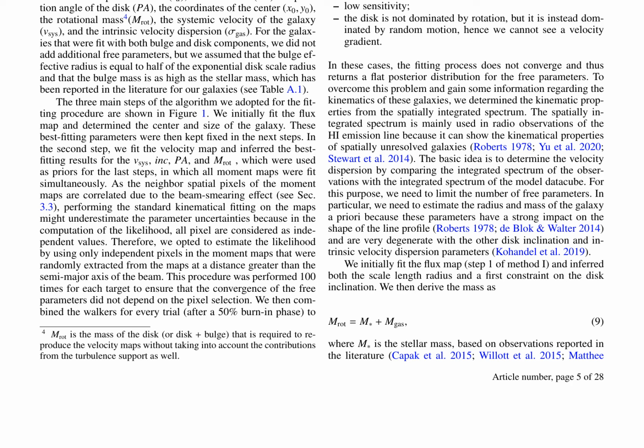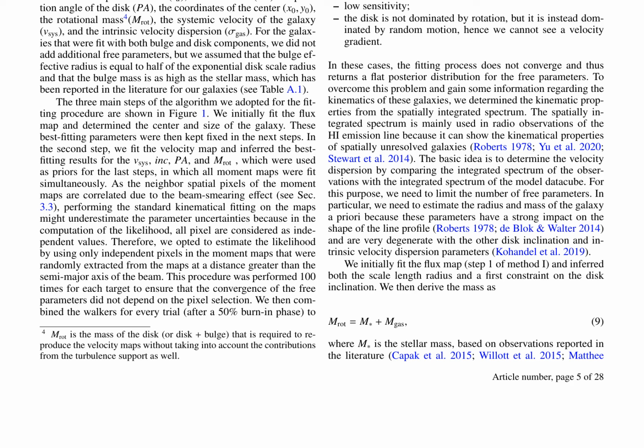Method 1 yields velocity dispersion estimates ranging from 37 km/s to 132 km/s, with a median value of 67 km/s, indicating turbulent but still rotationally supported disk galaxies.